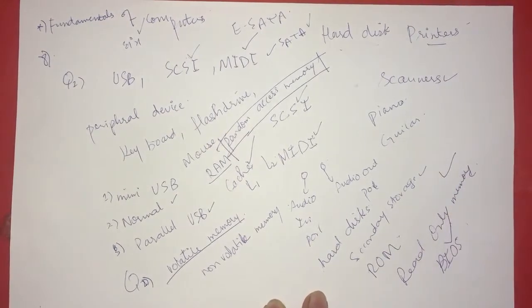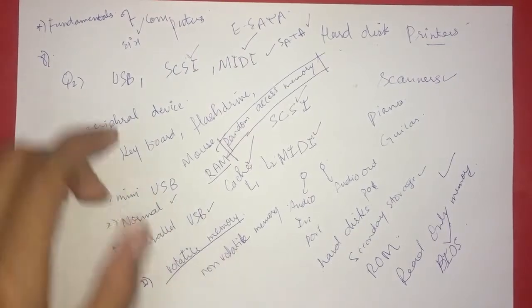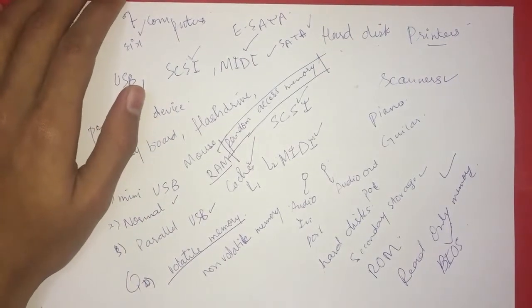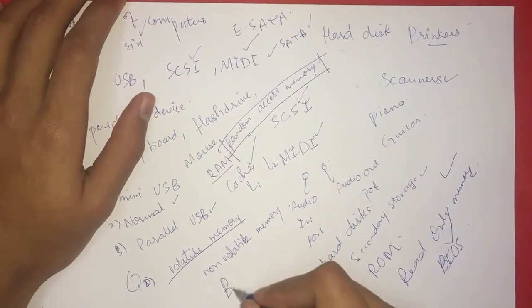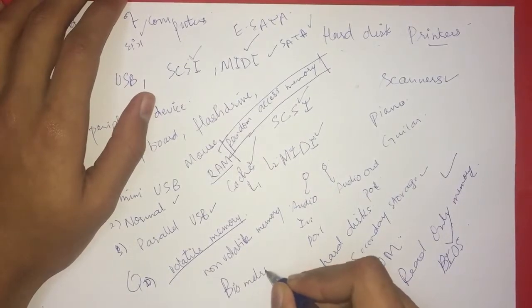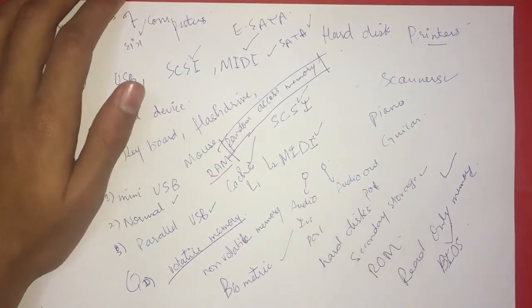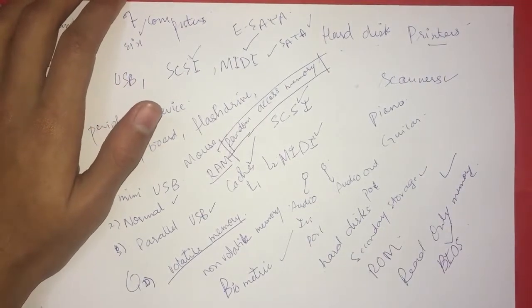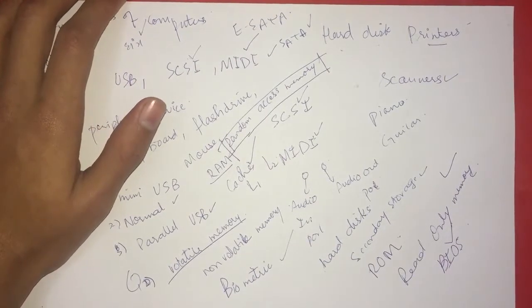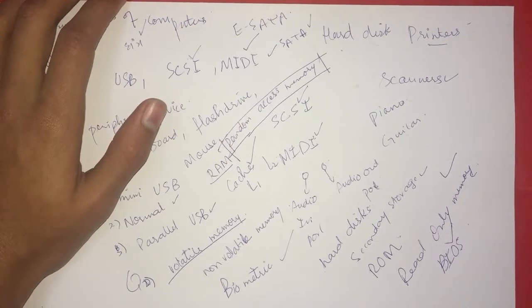So coming towards our third question, that was biometric and MICR, RFID and barcode readers. So a biometric system is any system which identifies a user by any physical trait or any behavioral trait.